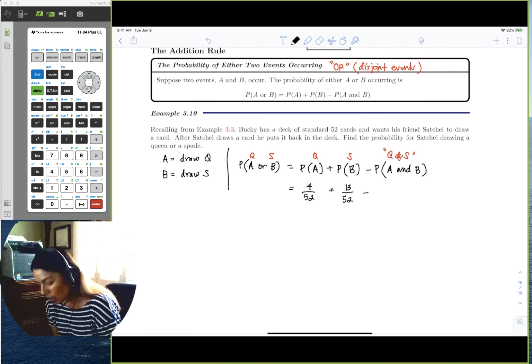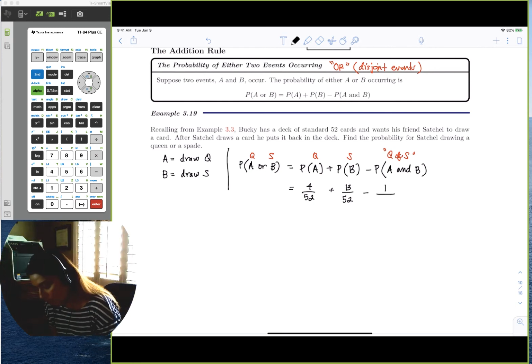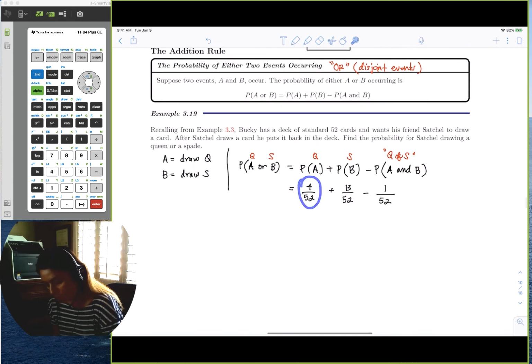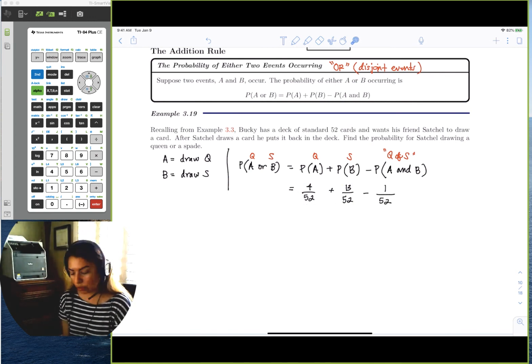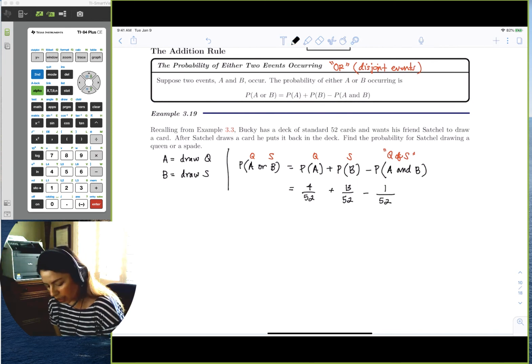So let's take out the double dipping, because here I took the queen of spades, because there's 4 queens. Here in the spades, one of these cards is a queen, so I took that one. So now I counted 2 queens of spades. So let me take away one of them, and that's where that minus comes from. And so we have 4 plus 13 is 17 minus 1 is 16 out of 52.